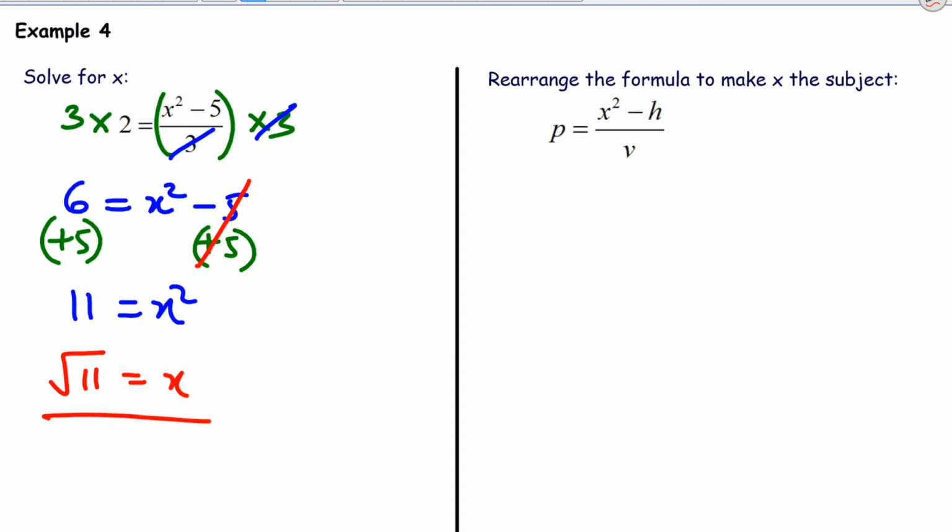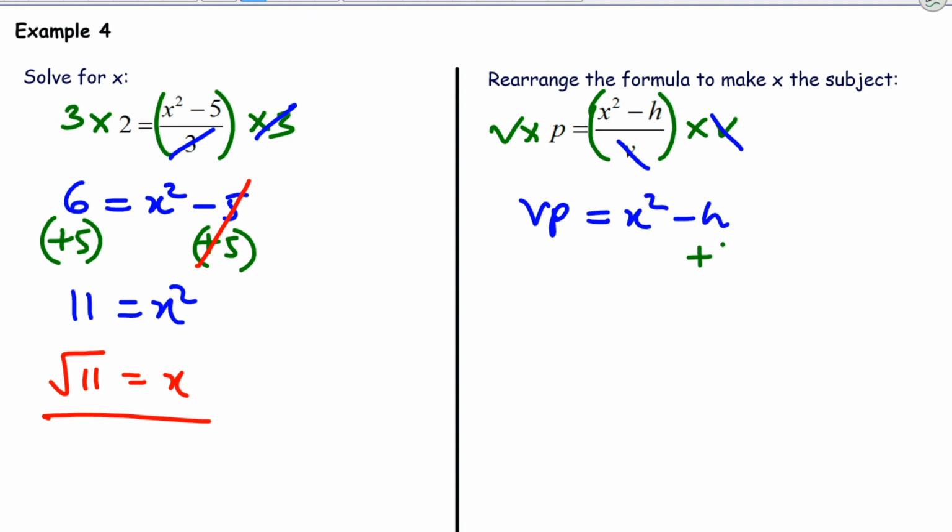We can apply the same process to the right. Start by multiplying by v. So if we multiply by v on the left, v divided by v is equal to 1. So we are left with vp is equal to x squared minus h.